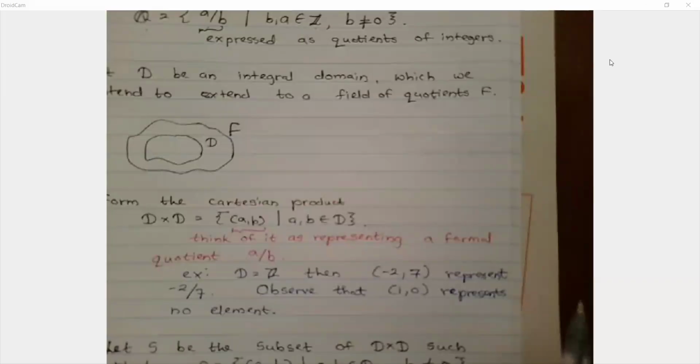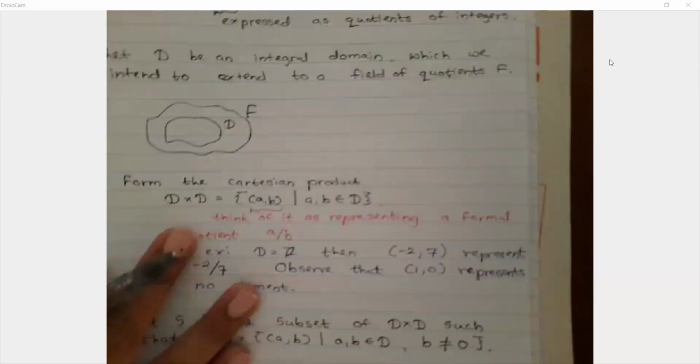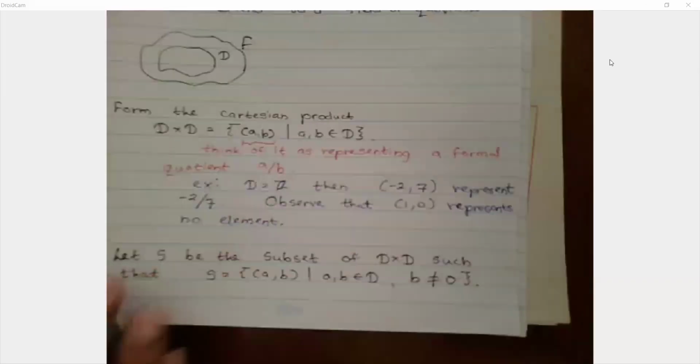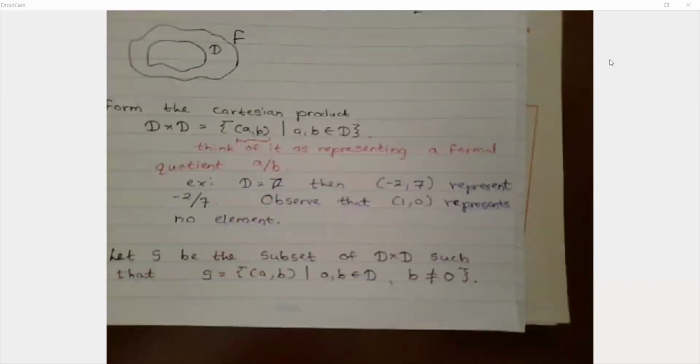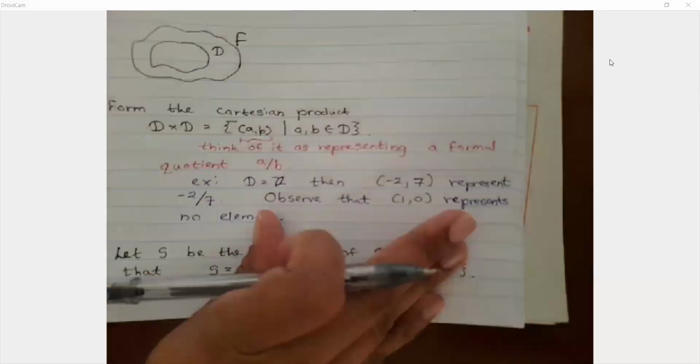They represent the same element. So what we are going to do is define a relationship, or we are trying to find when two elements would be the same in S, right? So let me write it down.